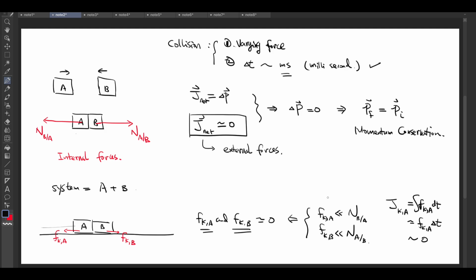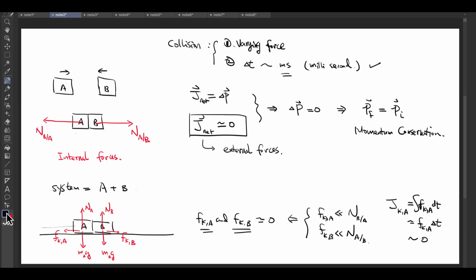Now some other situations. Before I talk about other situations, you may say there's also this normal force on A, normal force on B, and then there's gravity on A, gravity on B. In this case, because of the support of the horizontal surface, these two pairs of forces cancel each other.